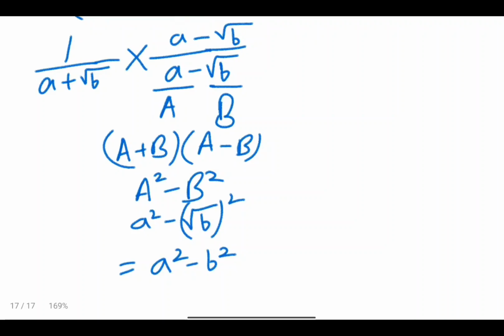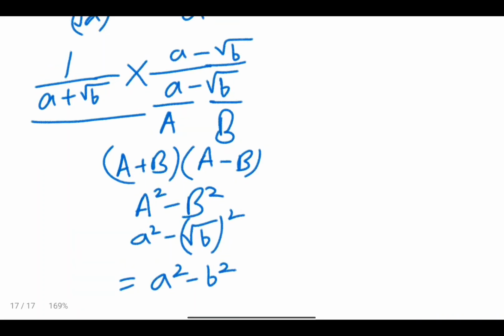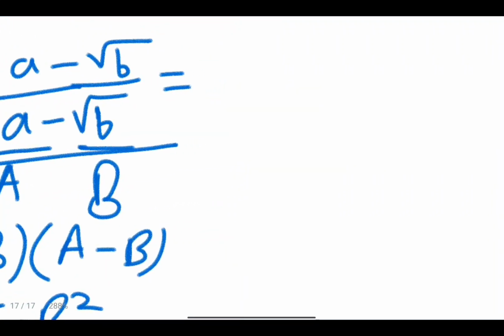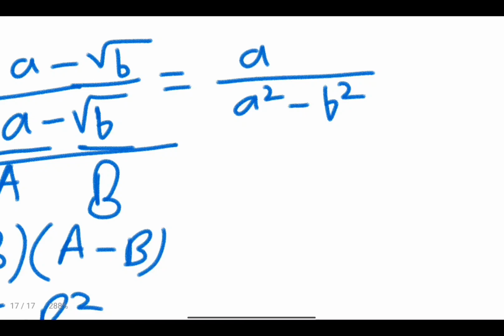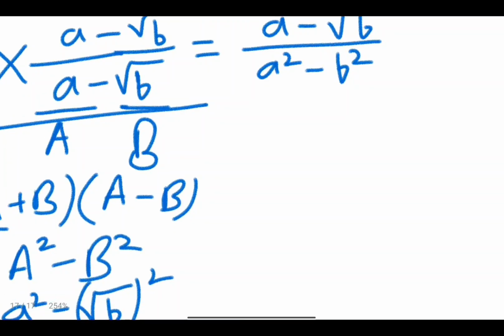That's why when we do this here, it turns to a squared minus b squared, and the numerator will get this. This is how we generally rationalize denominators for our A levels.